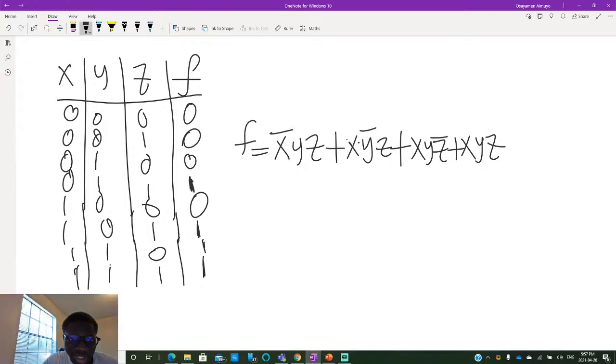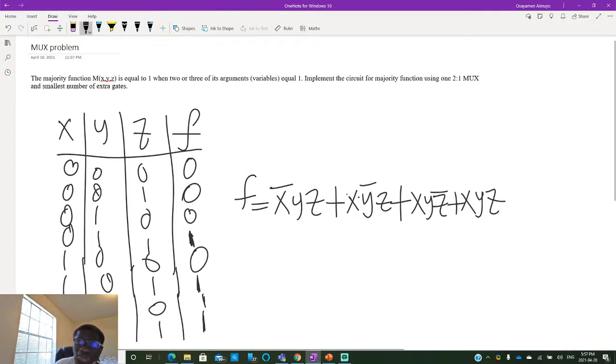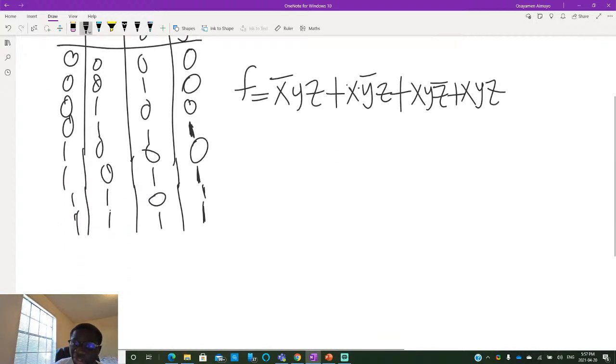Let's also see if there are any simplifications using a K-map. Since we're limited to just a 2 by 1 mux, we're going to have to simplify as much as possible.